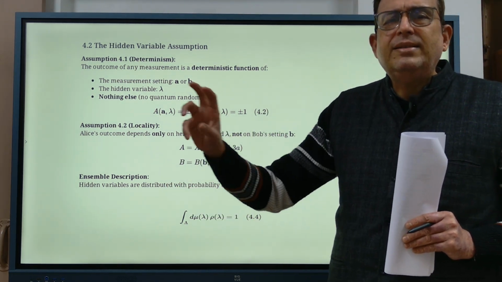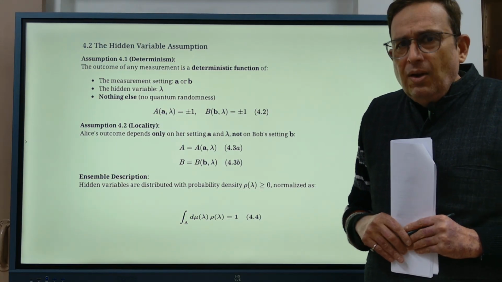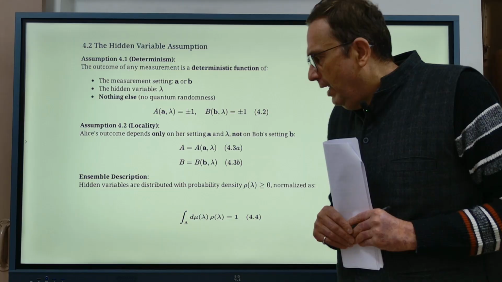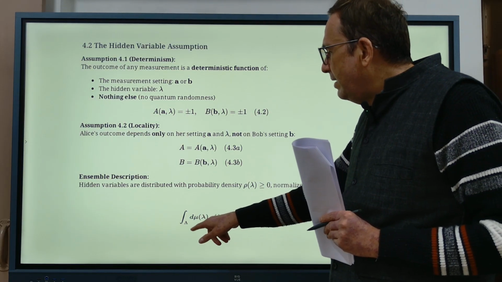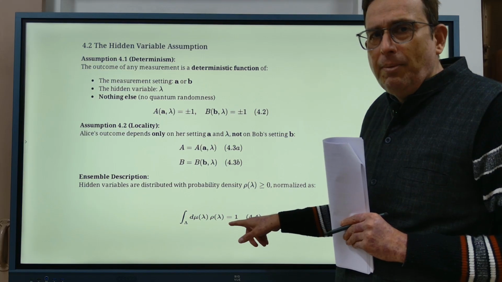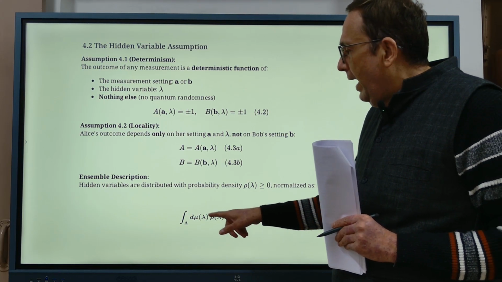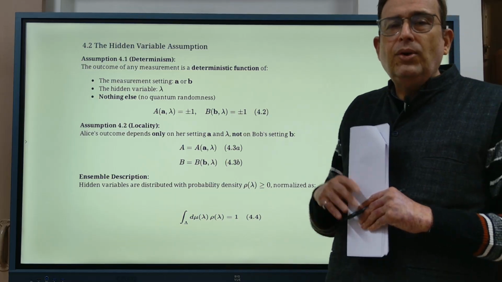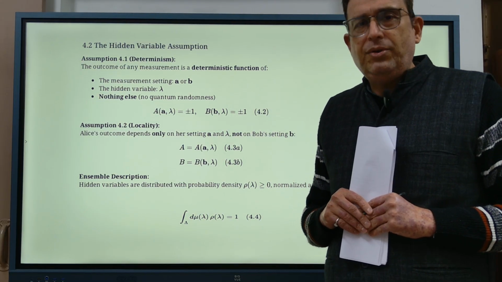At each instance there is some value of lambda, and for one particular disintegration we have one value of lambda. So there is a probability distribution rho of lambda, which is the probability of lambda, and if you integrate it over all values of lambda, you will get 1. So it's a normalized probability distribution.